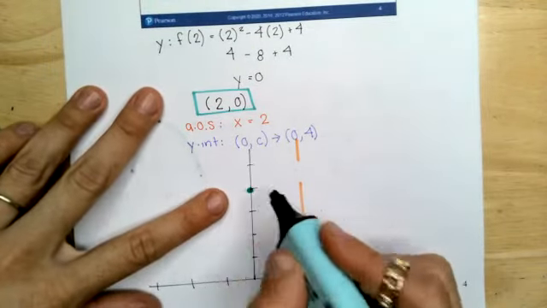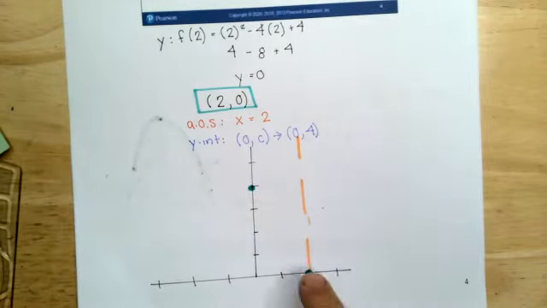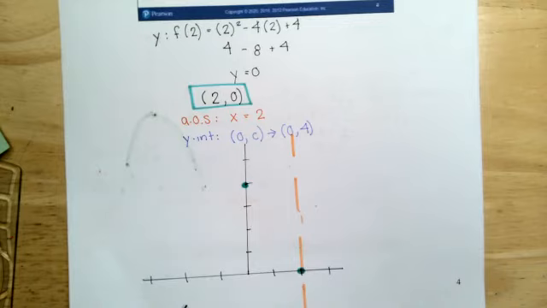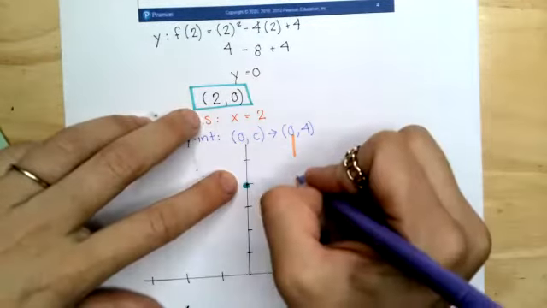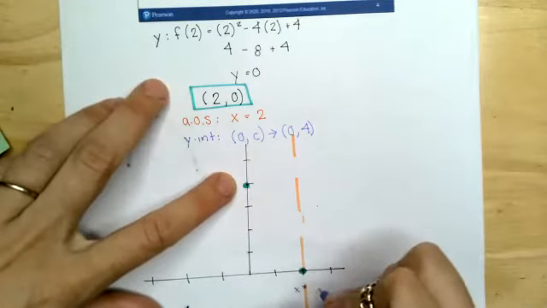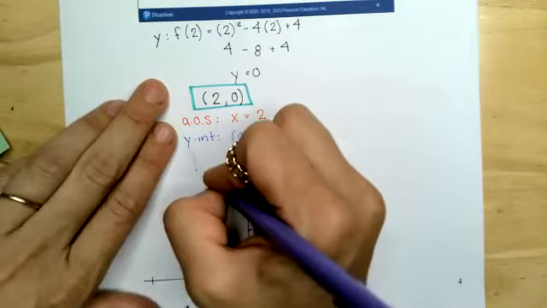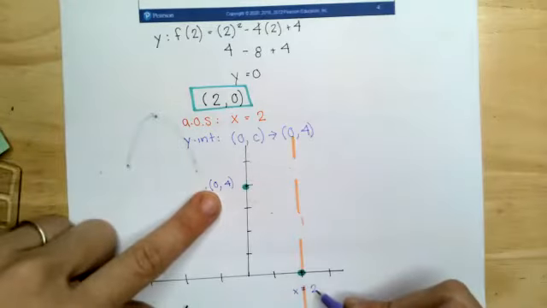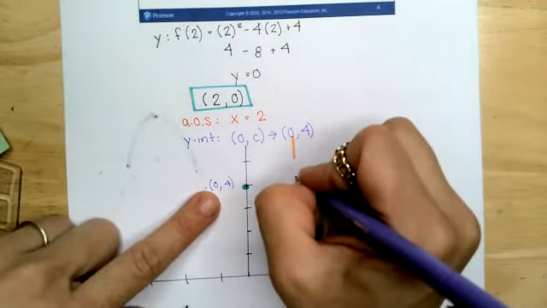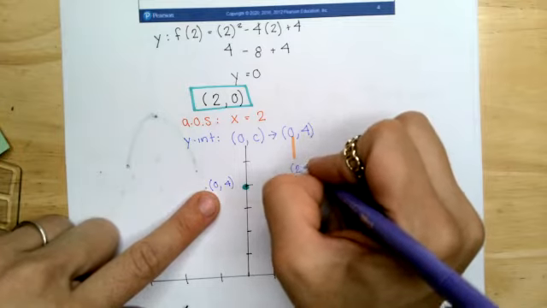So +4. So that means that's half my parabola, right? From my lowest point up to that y-intercept, count the distance between x equals 2 and the point 0, 4. Between 0 and 2, right? So that means that this is 2, 4.